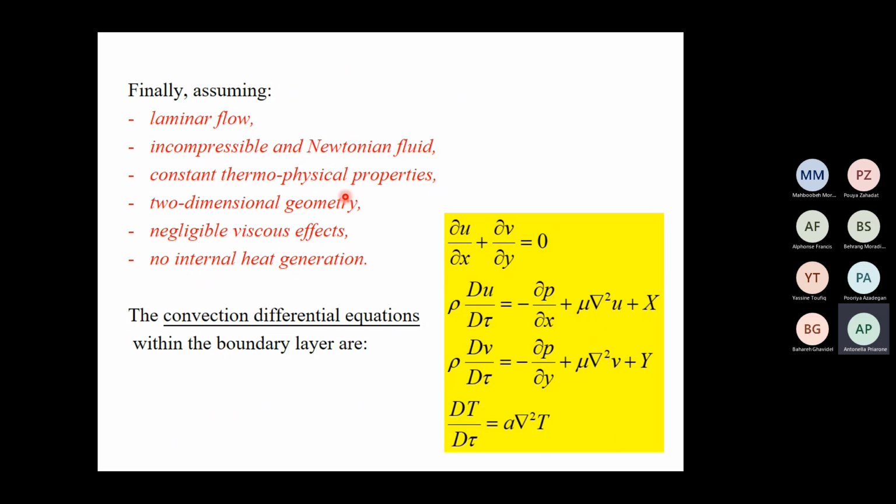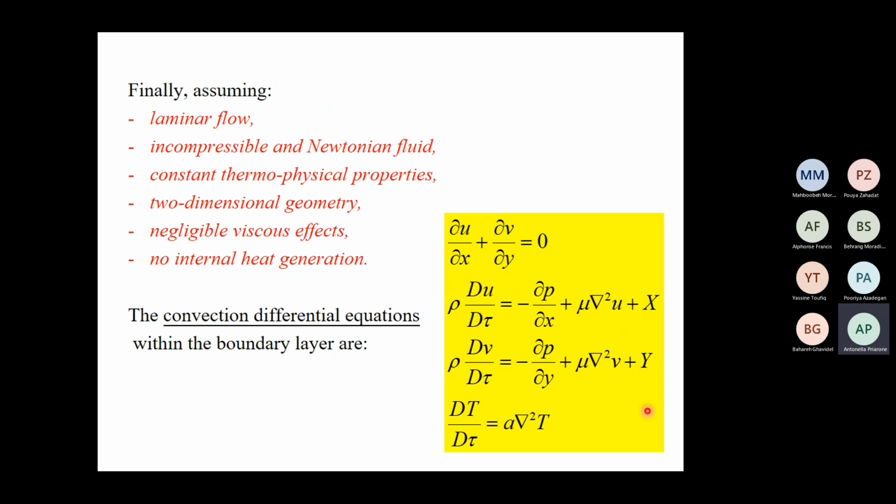We consider two-dimensional geometry. It's the same if you want to write a general case of three-dimensional geometry. You must add simply here a derivative of w in z, and you must add a third momentum equation in the z direction that is absolutely similar to the other two. We consider negligible viscous effect and no internal generation. With this list of assumptions, we obtain this set of equations that are the equations for my boundary layer.